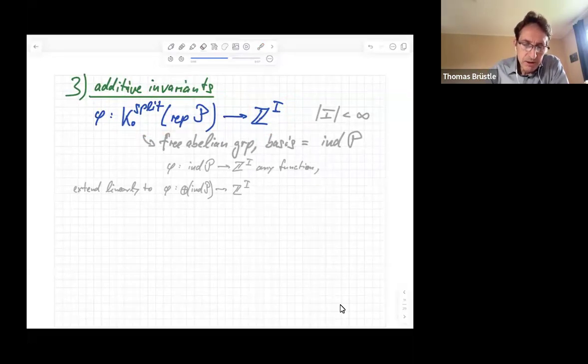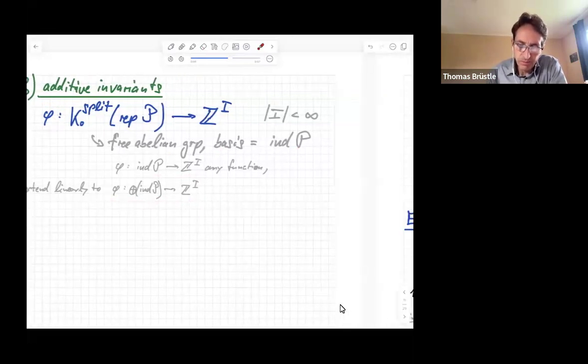The split Grothendieck group here is just the free abelian group with basis the indecomposables, meaning an additive map phi would be just: I give myself for every indecomposable member in this abelian group Z to the I, and then I extend it linearly to direct sums. So really, I want to attach some value to every indecomposable module.